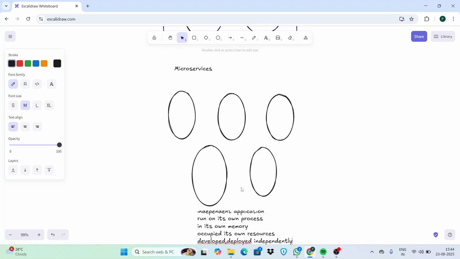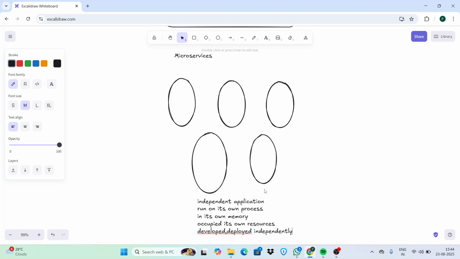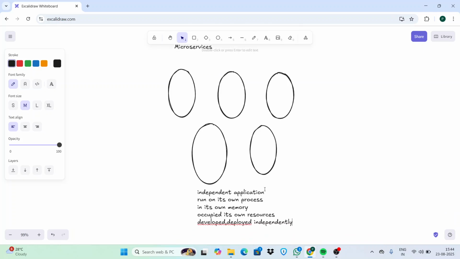That means microservice is also a way of building software. So instead of making one big program as in monolith, in microservices we break down into many small independent services. What is the meaning of independent services?